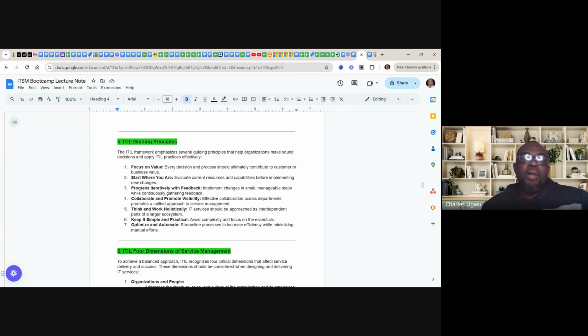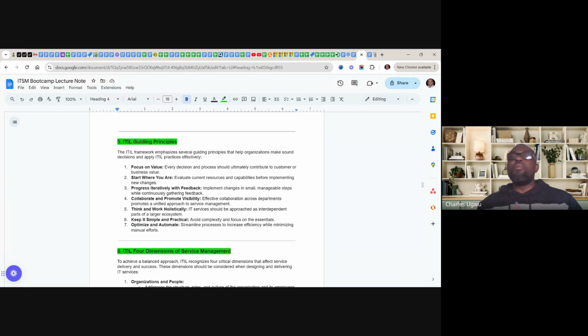And number 6 is keep it simple and practical. Avoid complexity. As a matter of fact, everything we do in ITSM, we map them out. We are coming to that where we have to start using this ITIL. All the processes, how we resolve every incident, it must be very simple. And we must have a flow chart, a process flow on how to handle every problem.